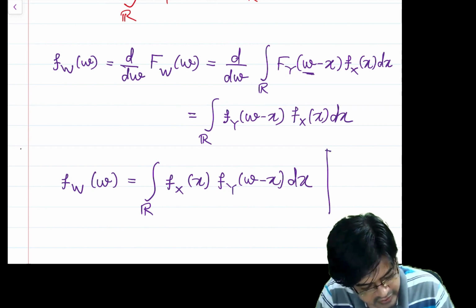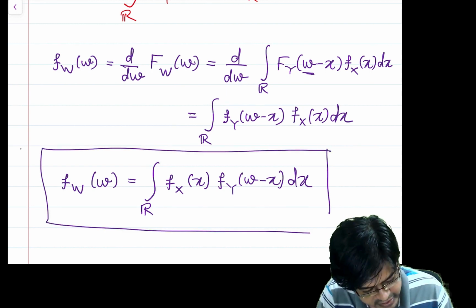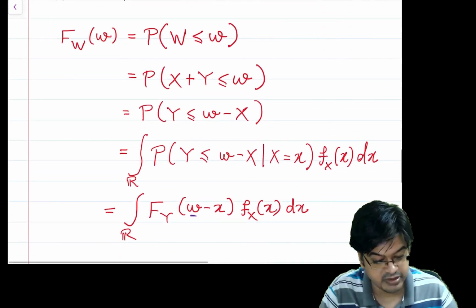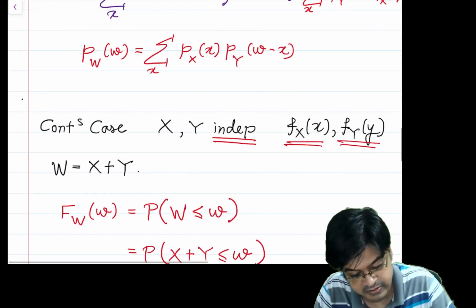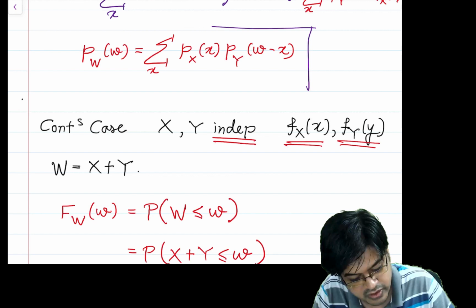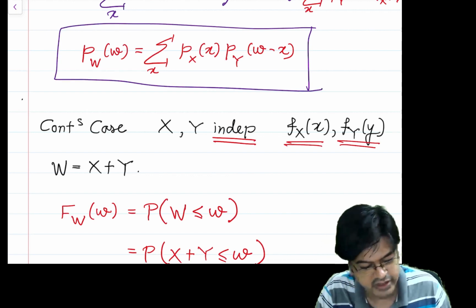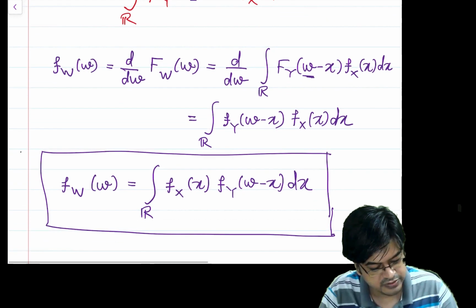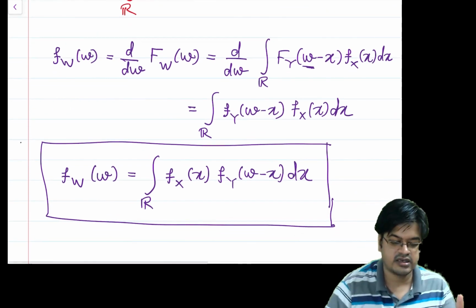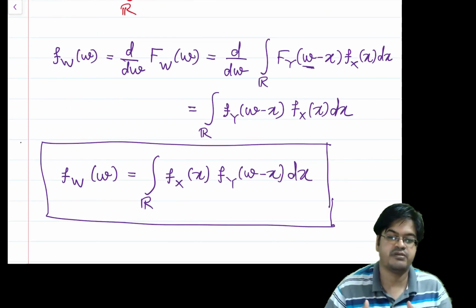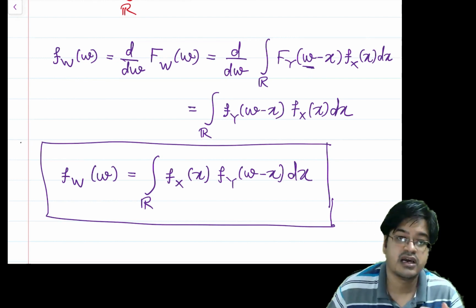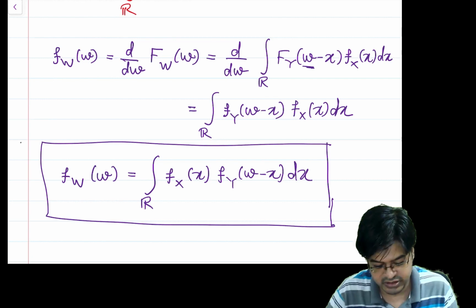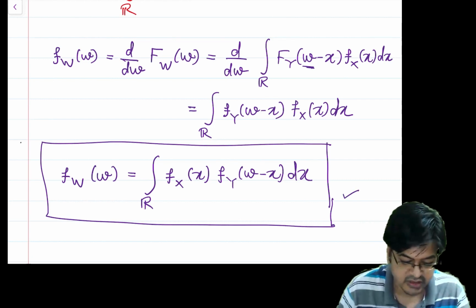So this is our formula for convolution of two continuous random variables. And this is our formula for convolution of two discrete random variables. If you compare these two, it is very easy to see that they are nothing but replacement of PMFs by PDFs and replacement of summations by integrals. So this logic exactly works out.